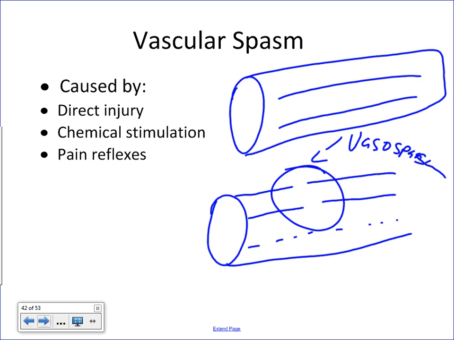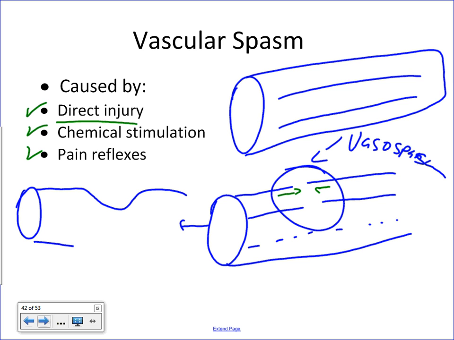There are pretty much three major causes of vascular spasm. One of them is just a direct injury to the vessel itself. A direct injury is going to cause the muscle tissue of this vessel to constrict, so it's going to go from looking like this to looking like this.